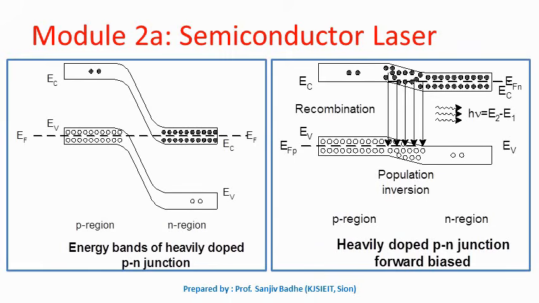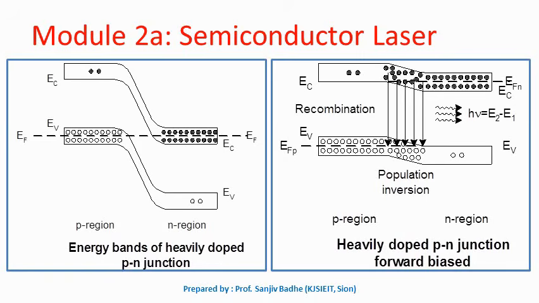Because we want to get high intensity, we need to increase the number of photons. So how that can be done? That can be done by getting a region in which we will be having large number of electrons in conduction band and large number of holes in valence band. And to get that region, what we do? Connect this PN junction in forward bias mode.